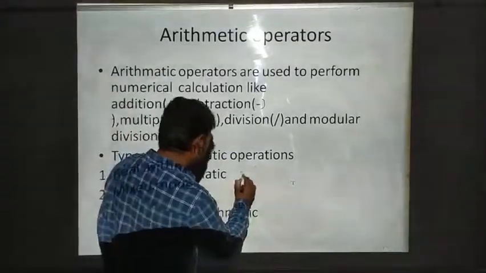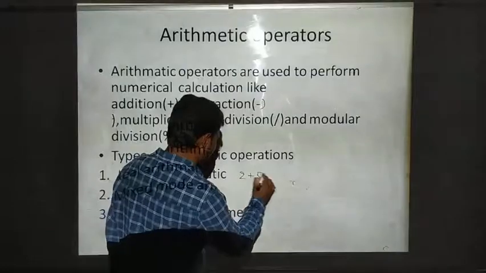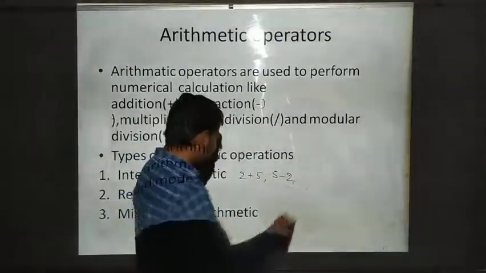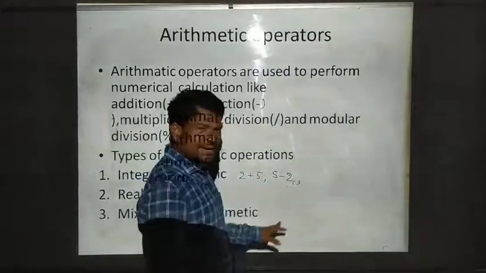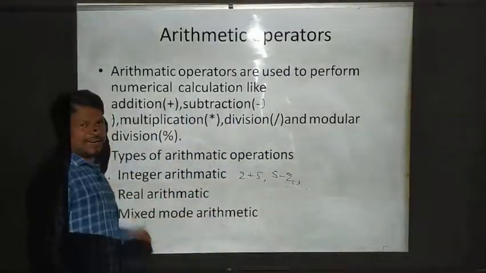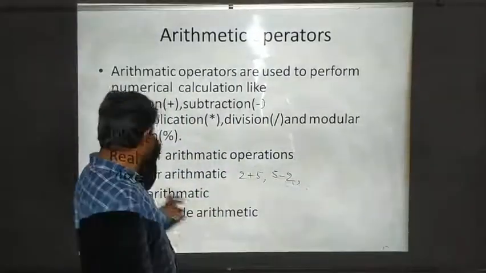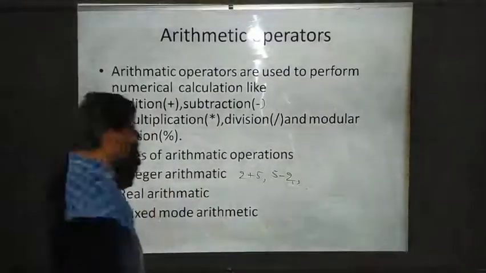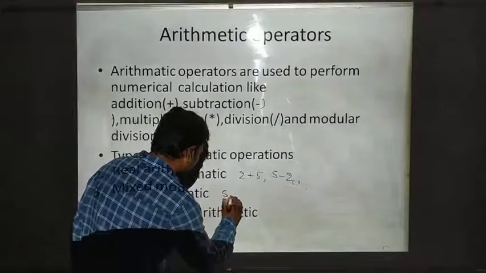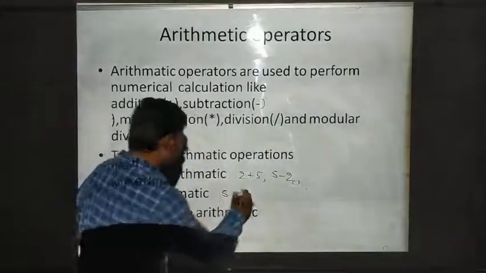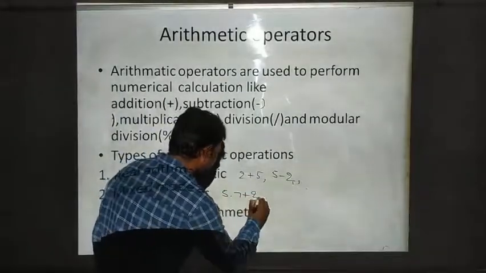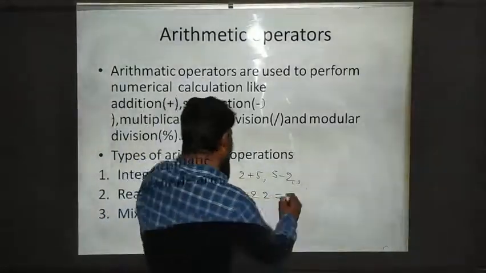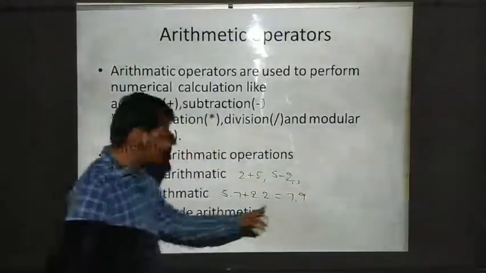Means 2 plus 5 or 5 minus 2, the result you get should be of integer type. This is integer arithmetic. Real arithmetic means 5.7 plus 2.2 is equal to 7.9.